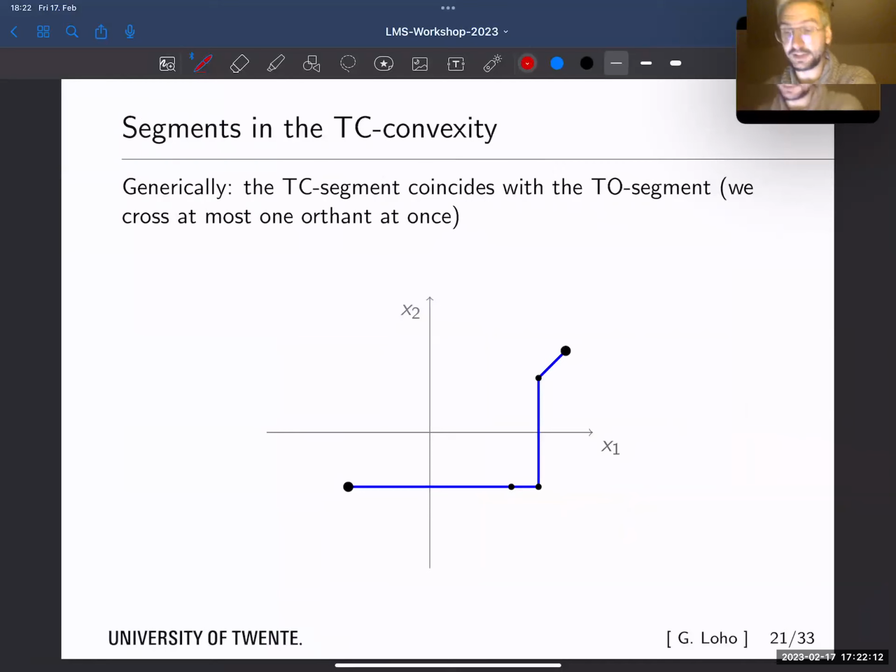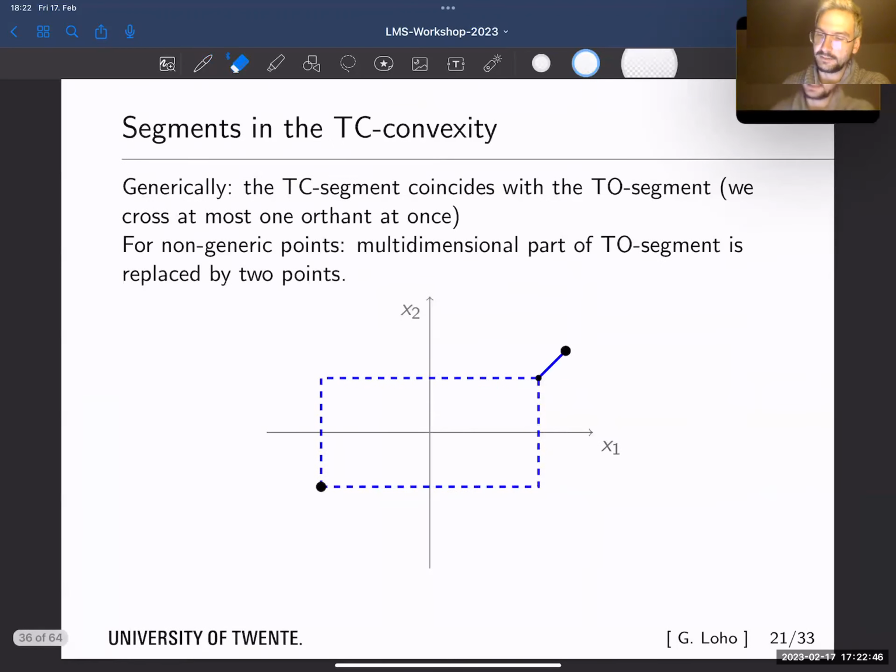Yes, again, so let's look at what we get as geometric objects. Generically, and this is again an indicator that this is kind of the right notion, I would say, these TC segments coincide with the TO segments, because we cross the orthants at most once, so we don't get anything here.